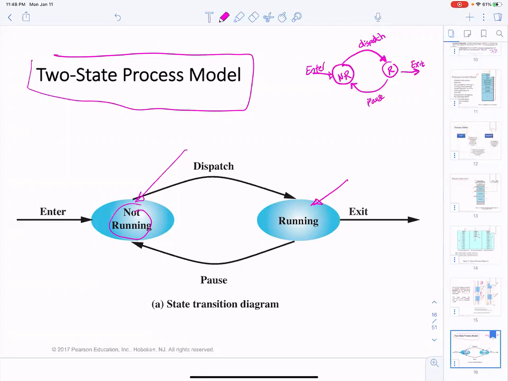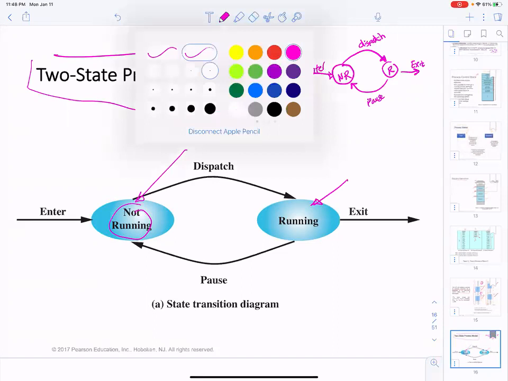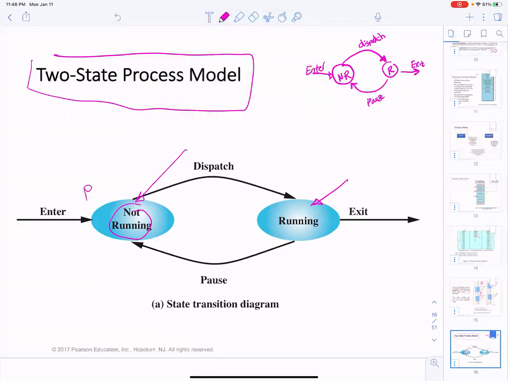and then the process state will move back from running into not running. So you have to keep in mind that when the operating system creates a new process, as I said before, we create immediately a process control block. So when the process is created by the operating system, the process control block is immediately created for the process. And then if it's ready for execution, it's not executed yet, the process control block will be loaded into the main memory.